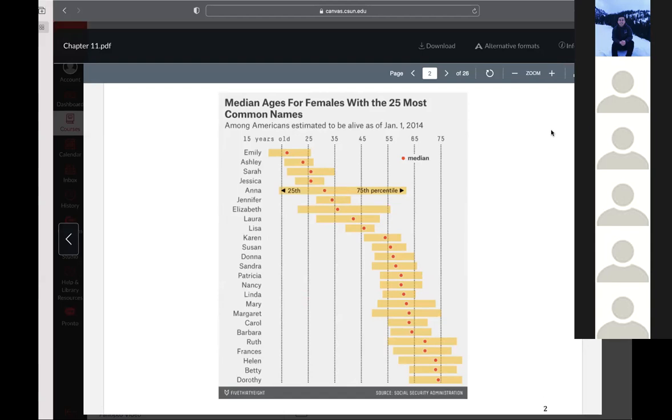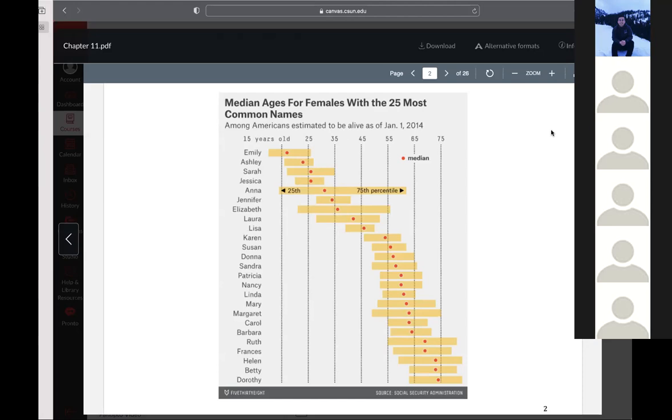But when you look at this, are there any names on this list that are kind of going out of style? That you don't really see kids being named that anymore? Francis. Francis is a big one. I don't really know many Francises. I know Betty White and Betty and Veronica, but other than that, I really don't know many Bettys.